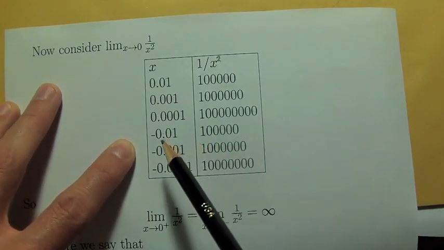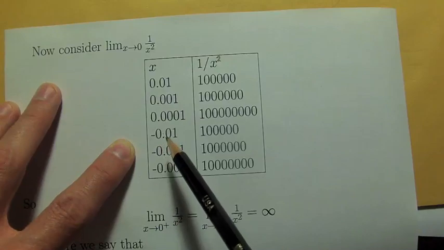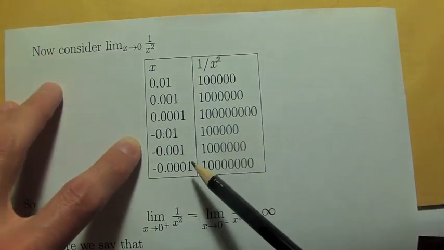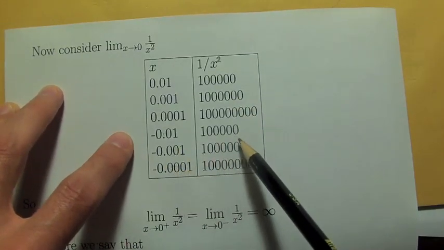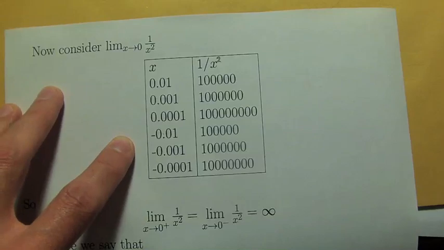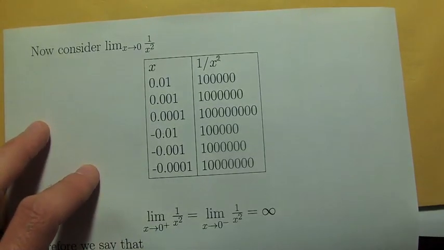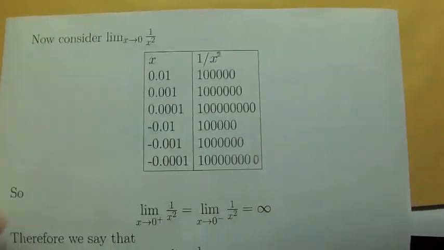But the difference here is that, I think I misspoke, this is from the right. From the left, so negatives, we're also getting positive values here because the x squared is going to make those values positive.